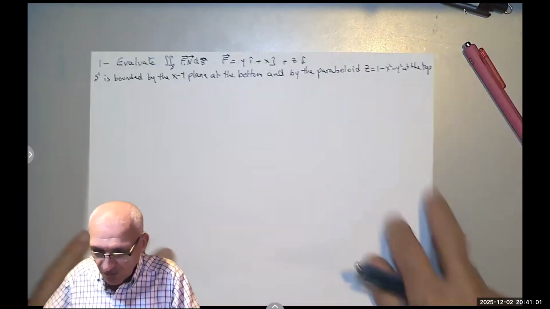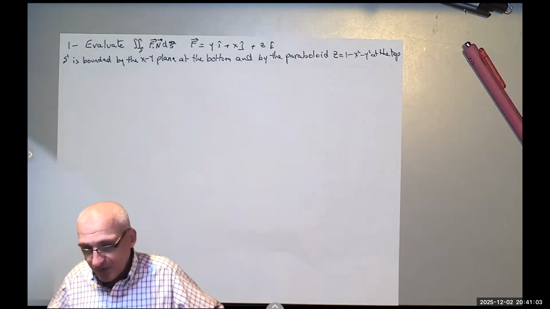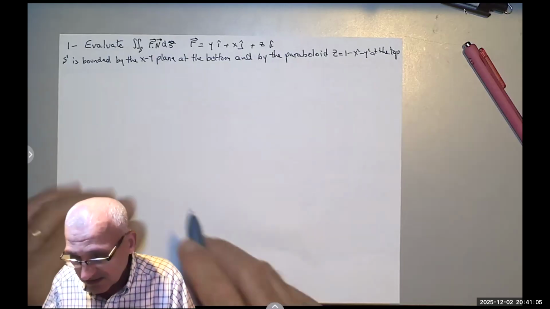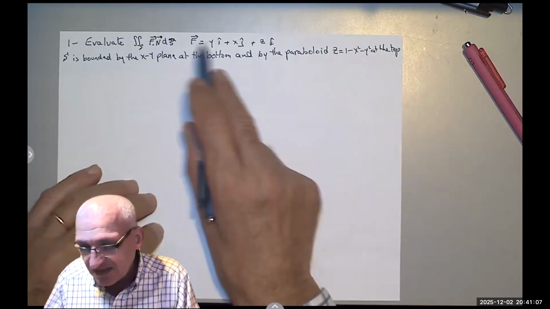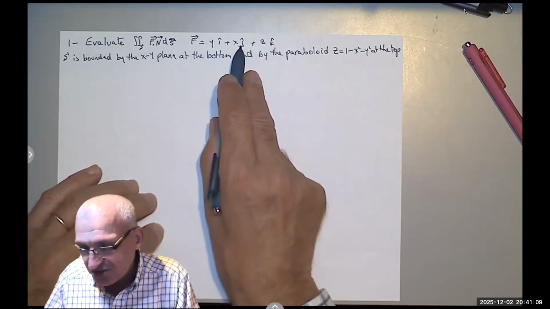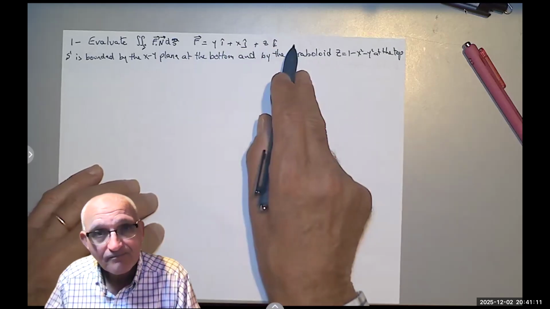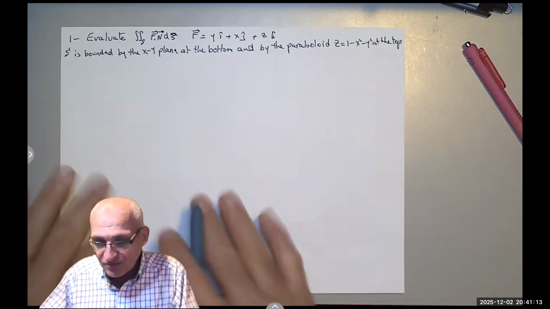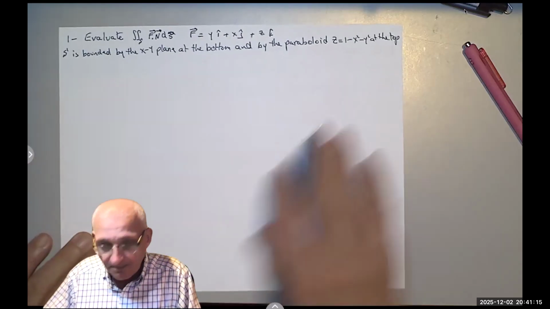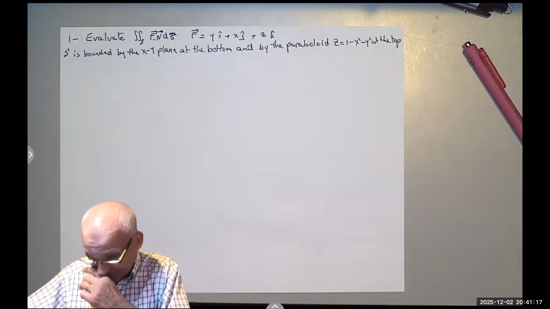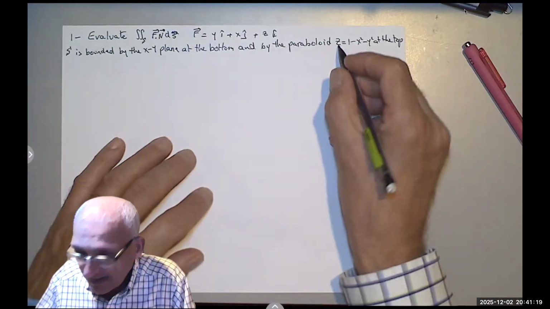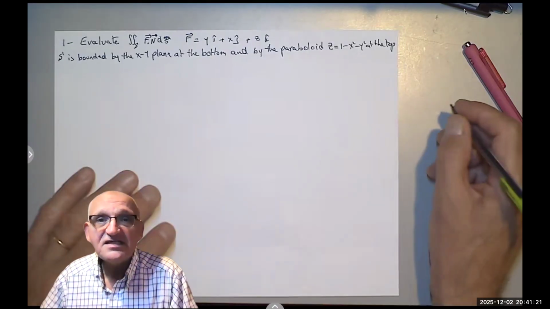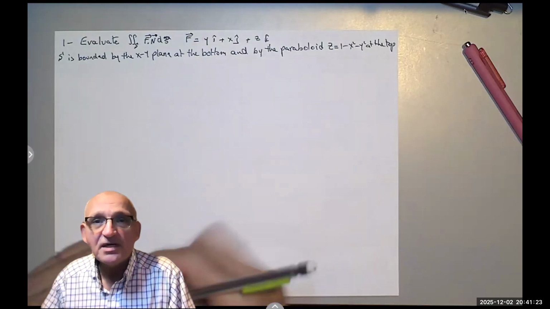So here is number one. It tells you to evaluate that surface integral, and my field is y i plus x j plus z k. That surface is bounded at the bottom by the xy plane and at the top by the paraboloid z equals 1 minus x squared minus y squared.